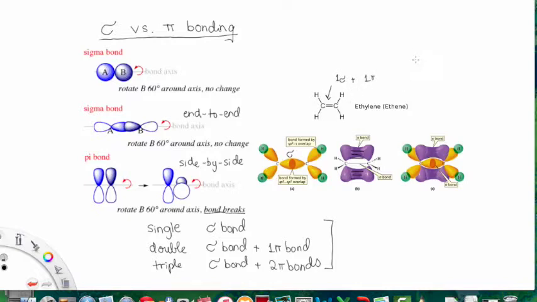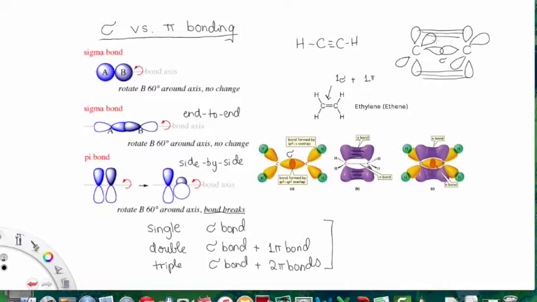So what if, on the other hand, you have C triple bond C and two H's? So this is C2H2. In this case, let me see if I can draw this out for you in an effective way. We have one sigma bond again, but now we have two pi bonds, right? So in addition to these two side-by-side overlaps, there's going to be another side-by-side overlap, which, let me draw this right here, is going to be this other p orbital.